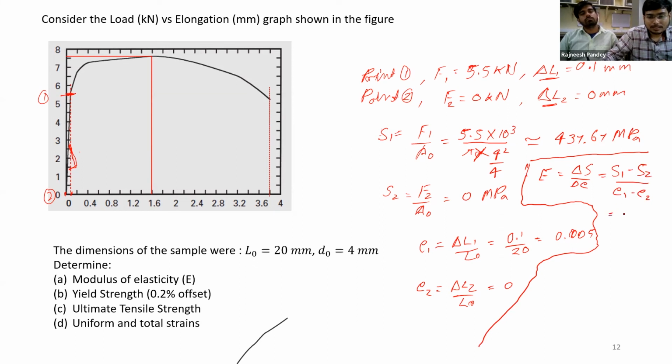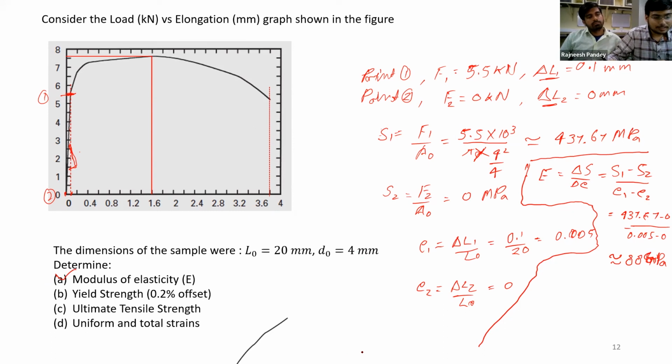This comes out to be 437.67 minus 0 over 0.005 minus 0, which is approximately 88 GPa. So we get the Young's modulus as 88 GPa approximately. Okay, so we have calculated the first part.